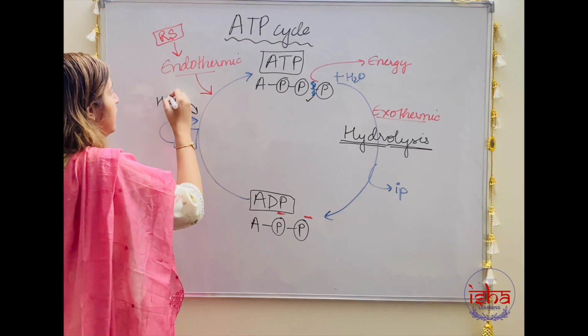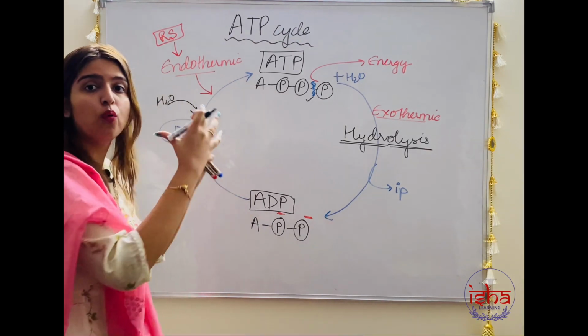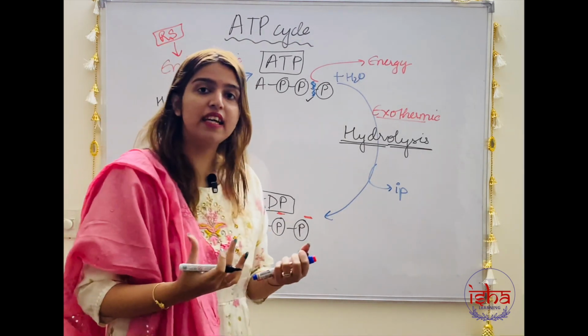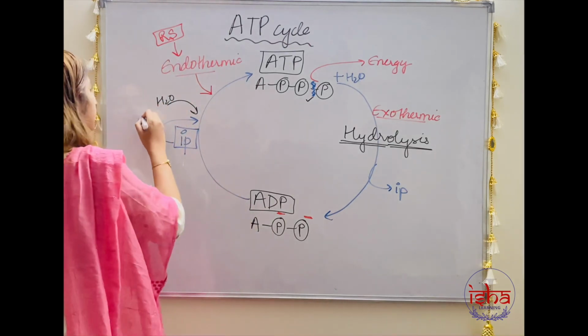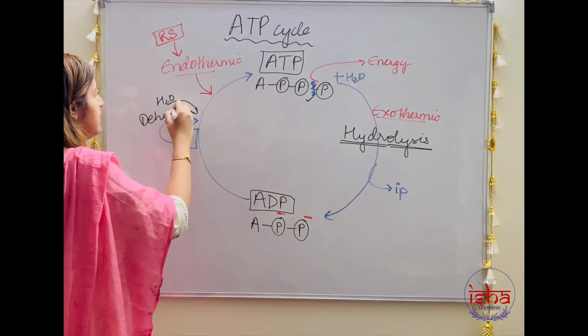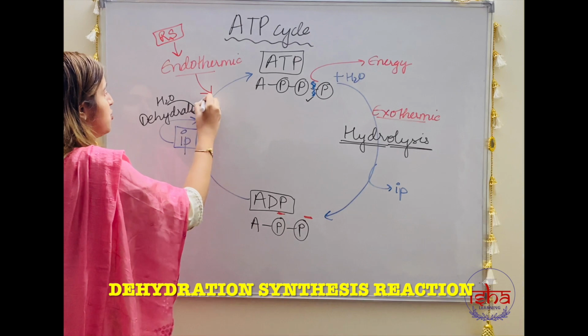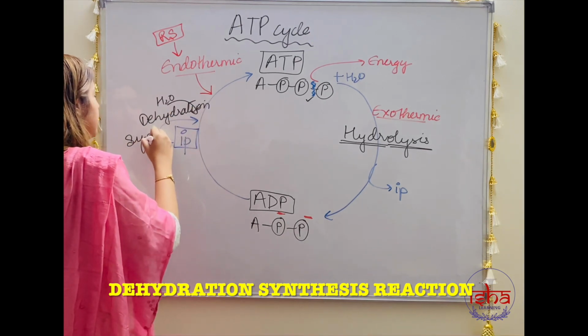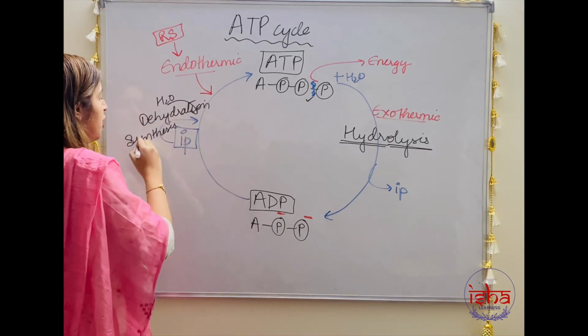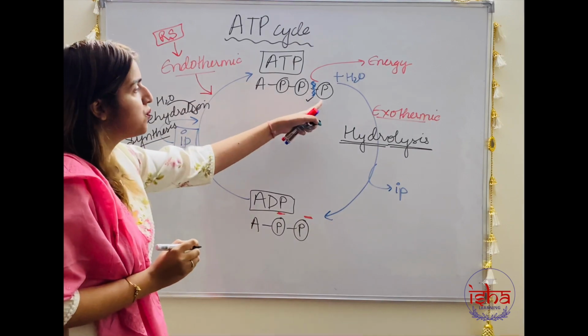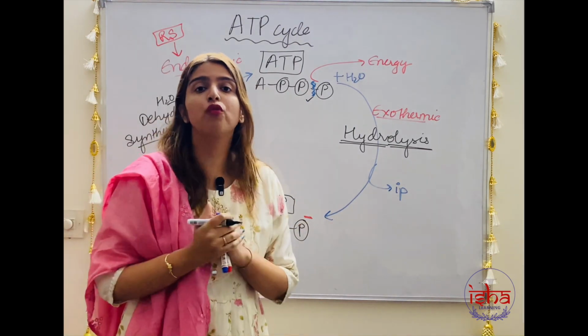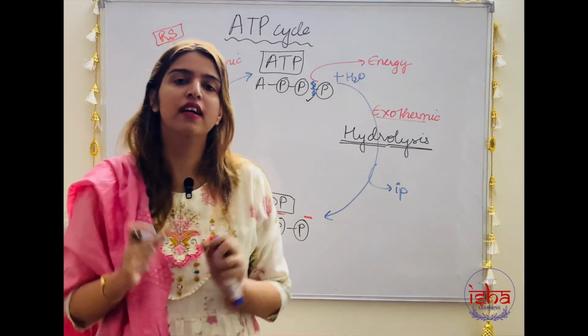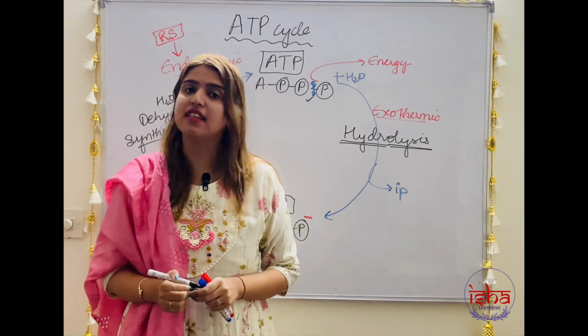A molecule of water is given, it is required. So in this case, it will be a dehydration synthesis reaction. This would be a dehydration synthesis reaction, because for the synthesis of this bond, a molecule of water is required. This is the ATP cycle.